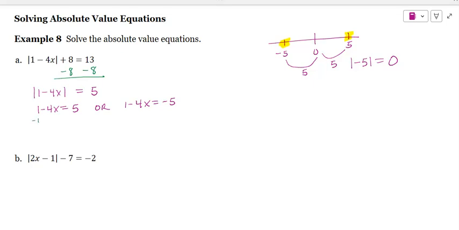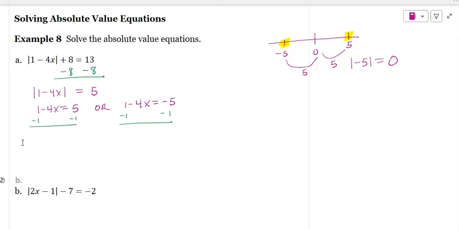Let's subtract 1 from both sides. So then we have -4x equals 4, or -4x equals -6.